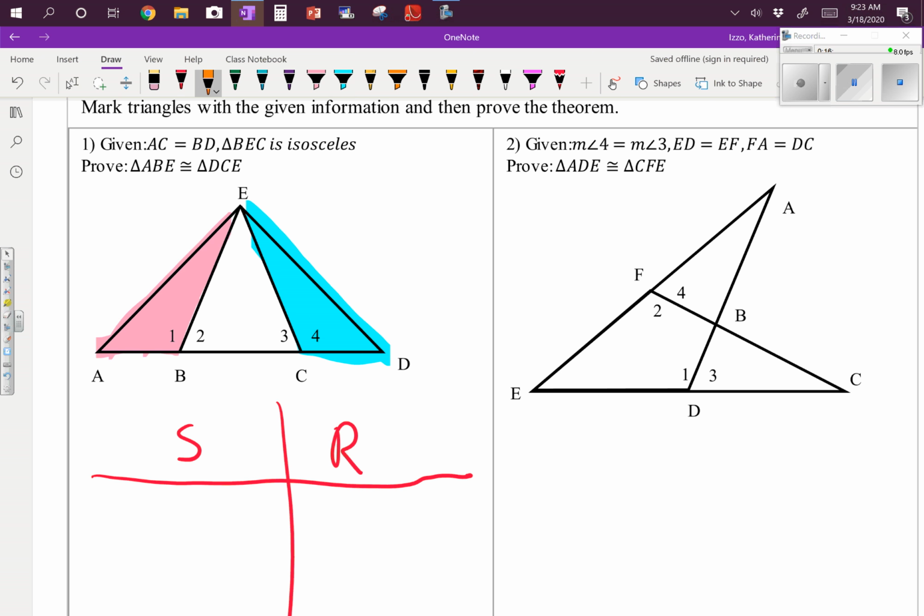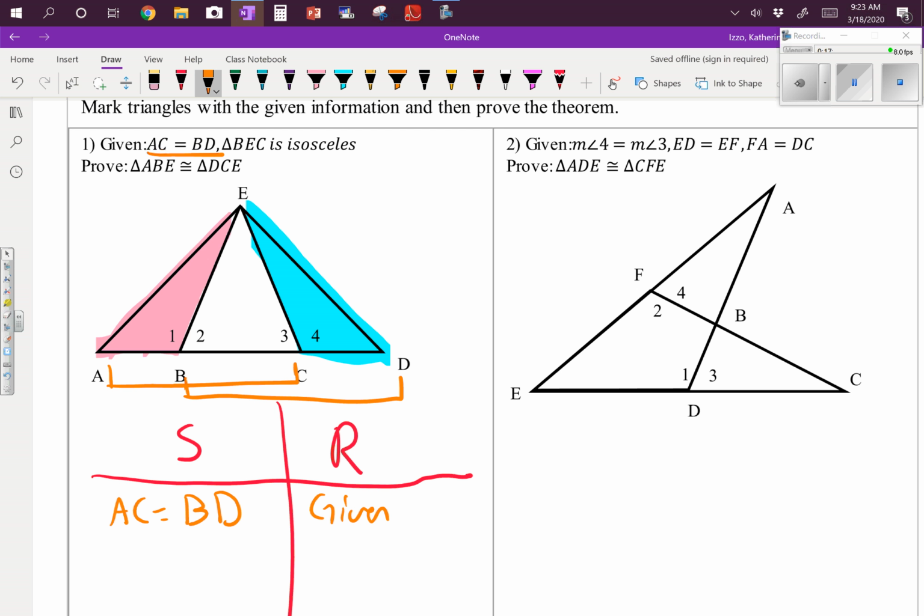Okay. So our first given, AC equals BD. I know those aren't in the triangle, Squirrel. It's too long. Well, what do we need to get rid of? What would we need to kill?